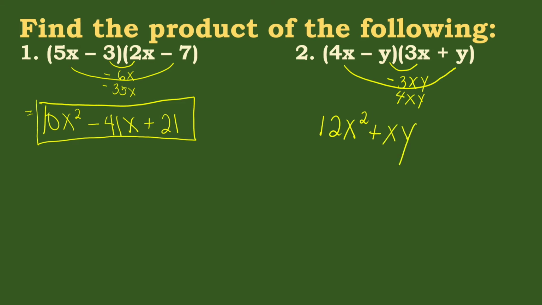Okay? 4 minus 3 or 1xy. And then the last terms in this example are negative y and positive y. We multiply them. That would be negative y squared. Okay? So this is the final answer.